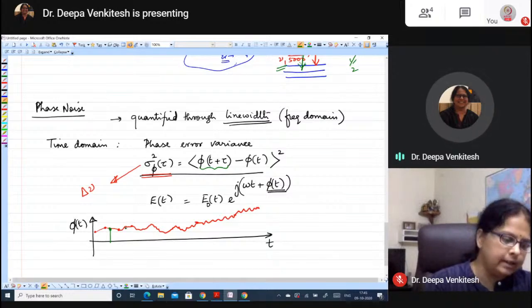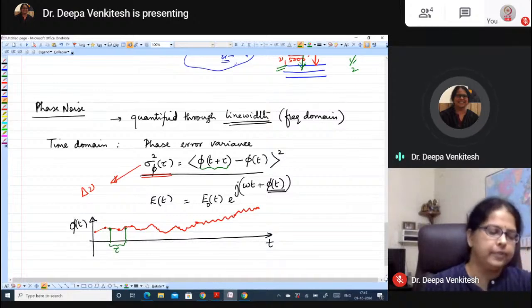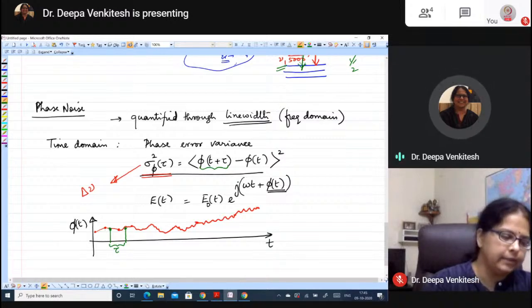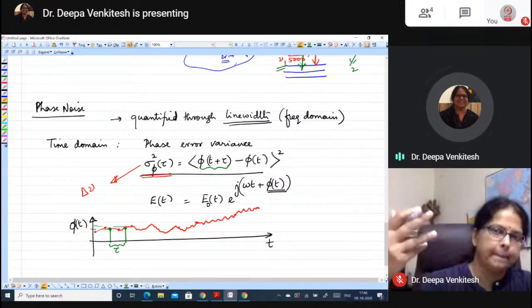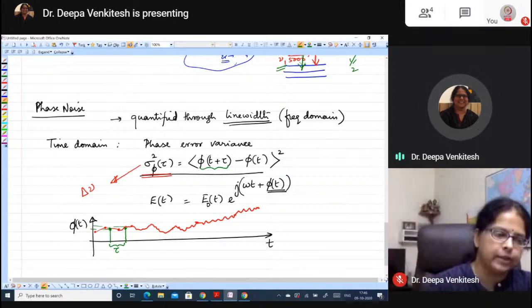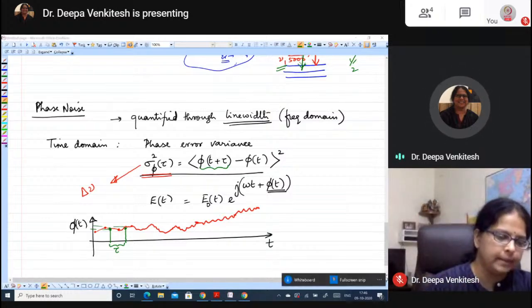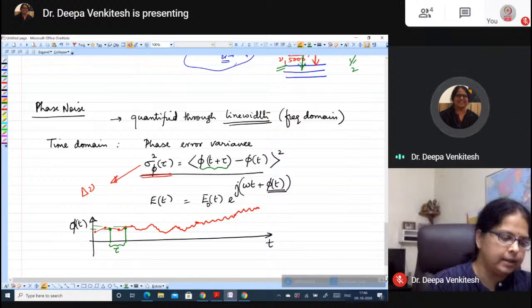Take two instances separated by tau, calculate the difference in phase, the y-axis difference, and take the variance of that. That's only one number, so I have to keep doing this process multiple times.